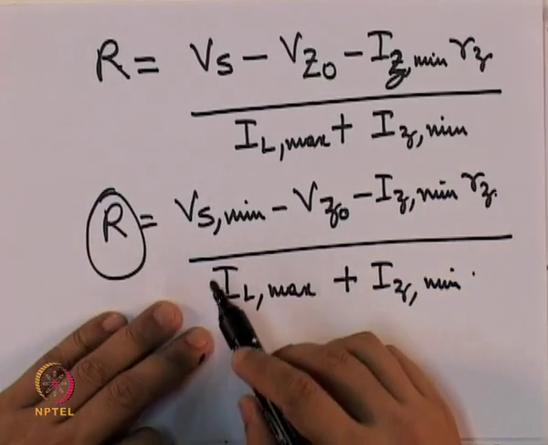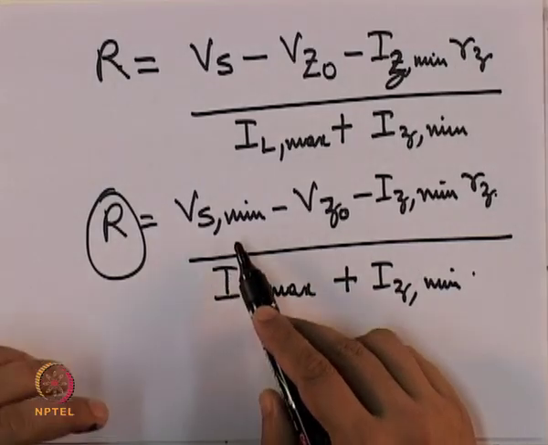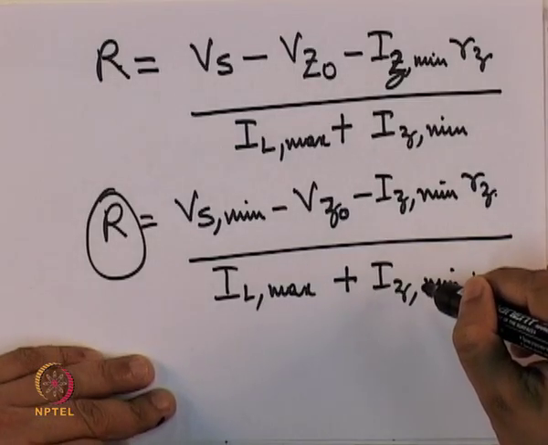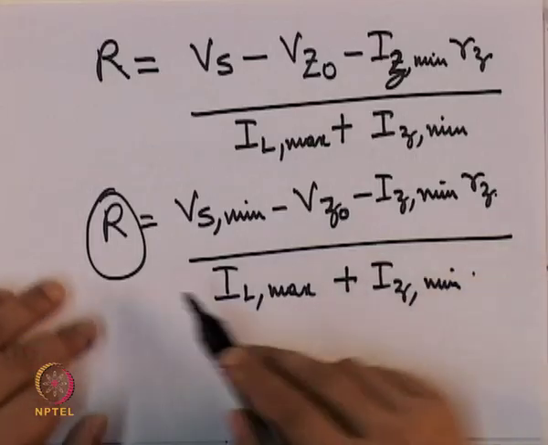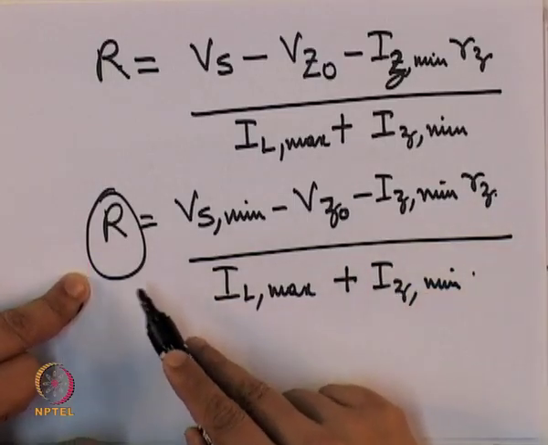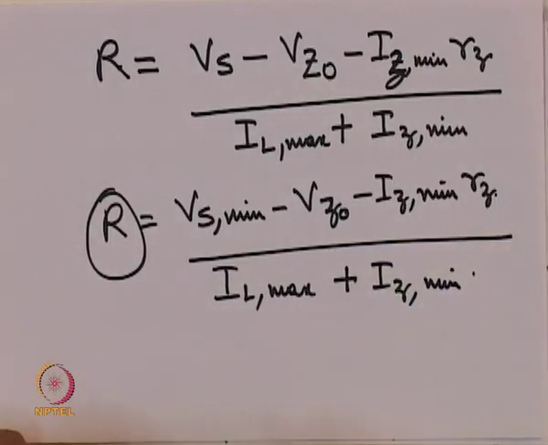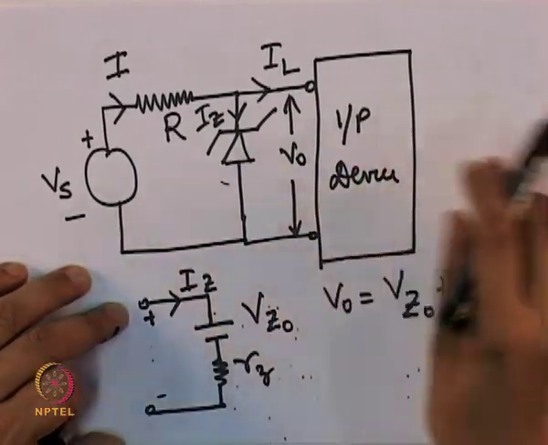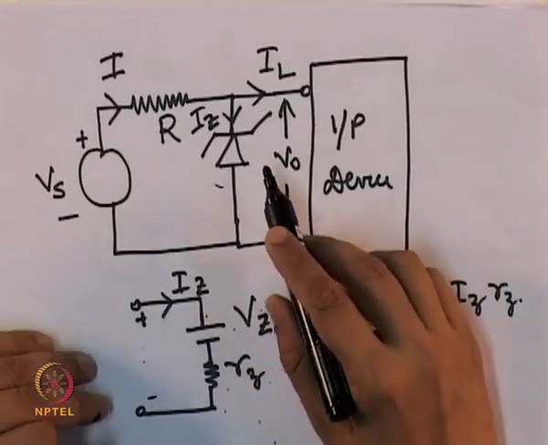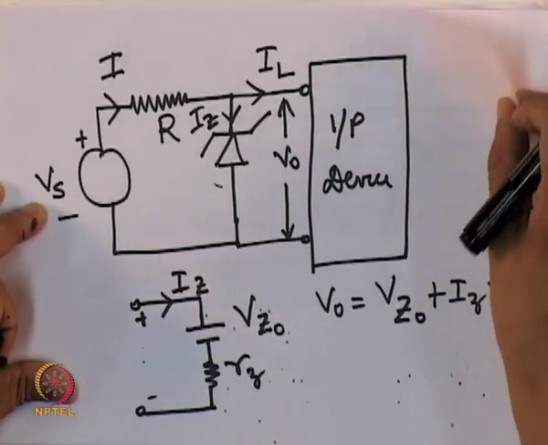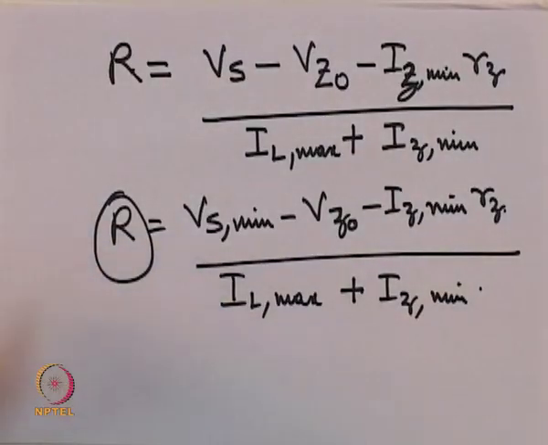By worst case I mean when the supply voltage is at its minimum value and the minimum current is flowing through the Zener diode, then what should be the maximum value of R? If R goes above this value that we just derived, then there is a possibility that the current flowing through the Zener diode will fall below its minimum value required for the operation of this diode. And so, that is why R should not be higher than this value.